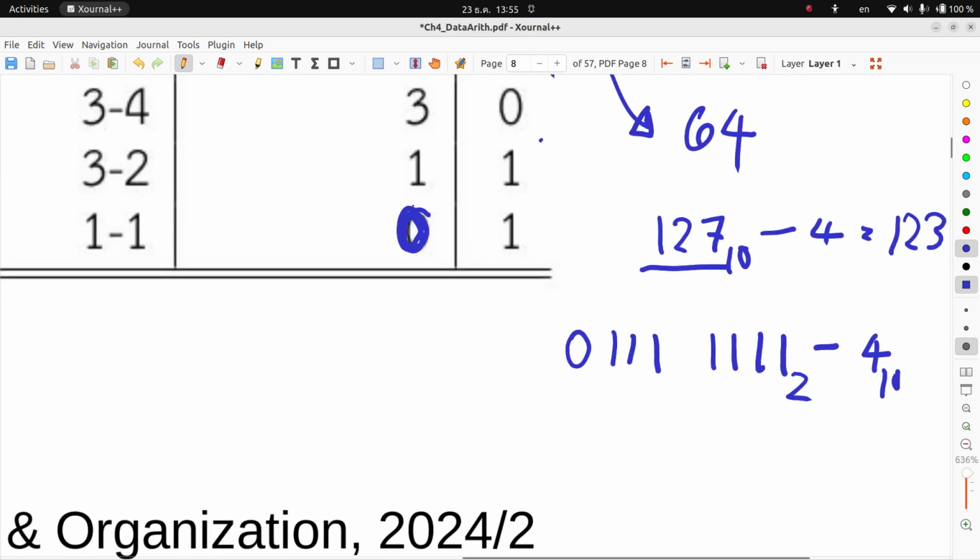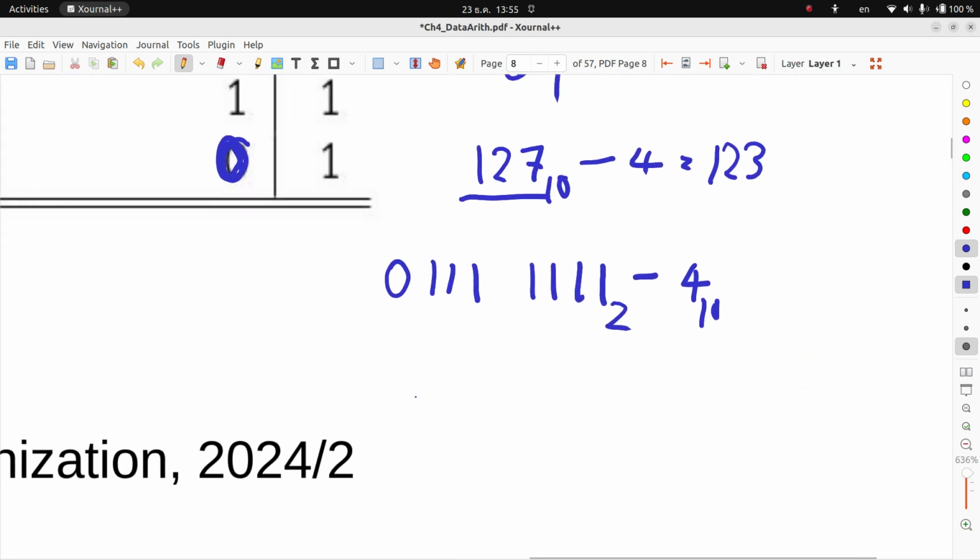Look at the screen. Subtract 4. That means this bit becomes 0. You always do this, right? No, this is a tricky method. Much faster than the original method.